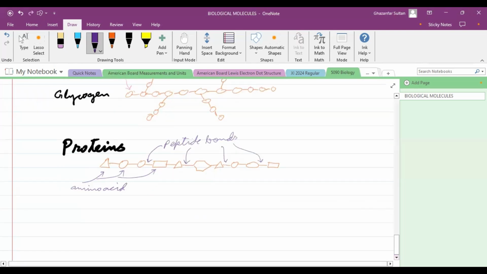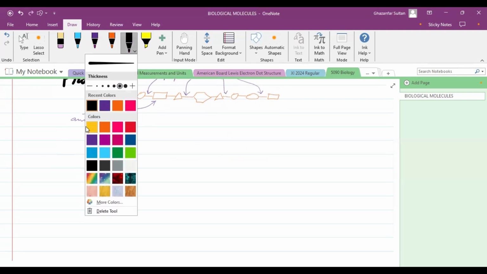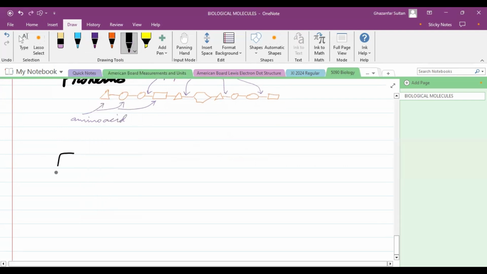And now come to fats. Suppose this is a glycerol molecule, and this glycerol molecule is linked with chains of fatty acids.